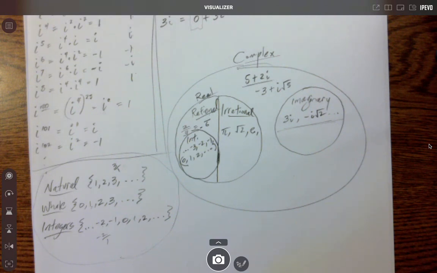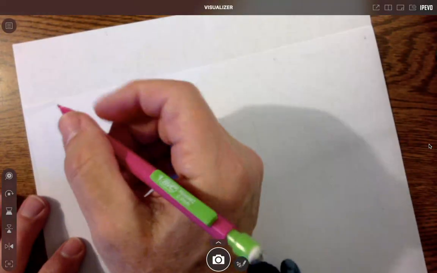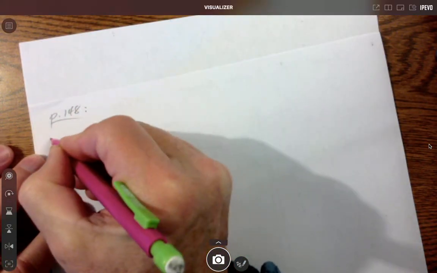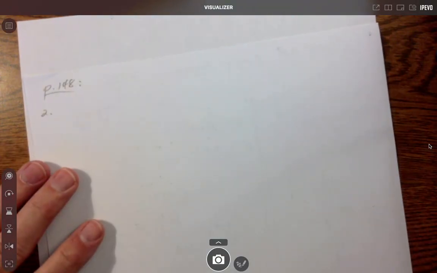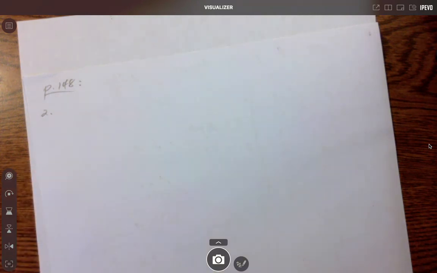So I'm looking at page 148 here, and I'm going to pick out some numbers. So I'll just do some even numbers. So looking at problem 2 on page 148. The directions say find real numbers a and b such that the equation is true.